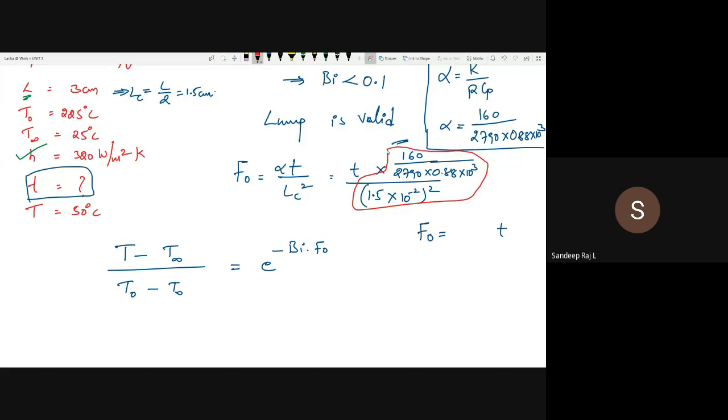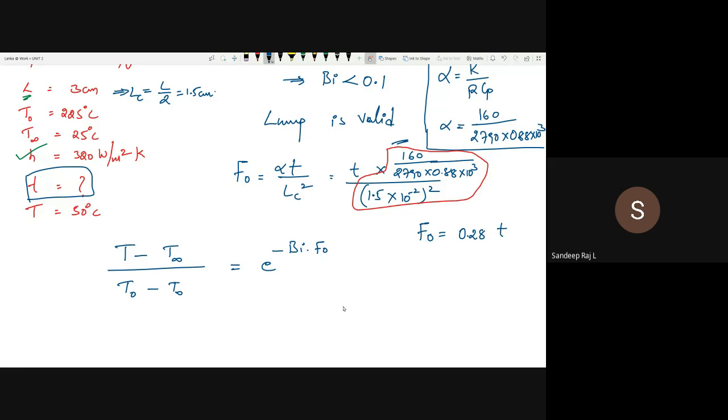You have to calculate and tell. So 0.28.